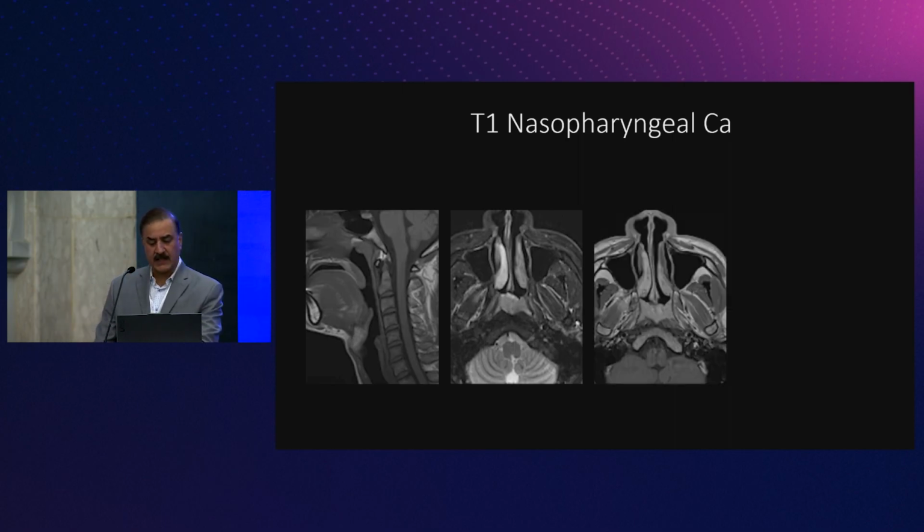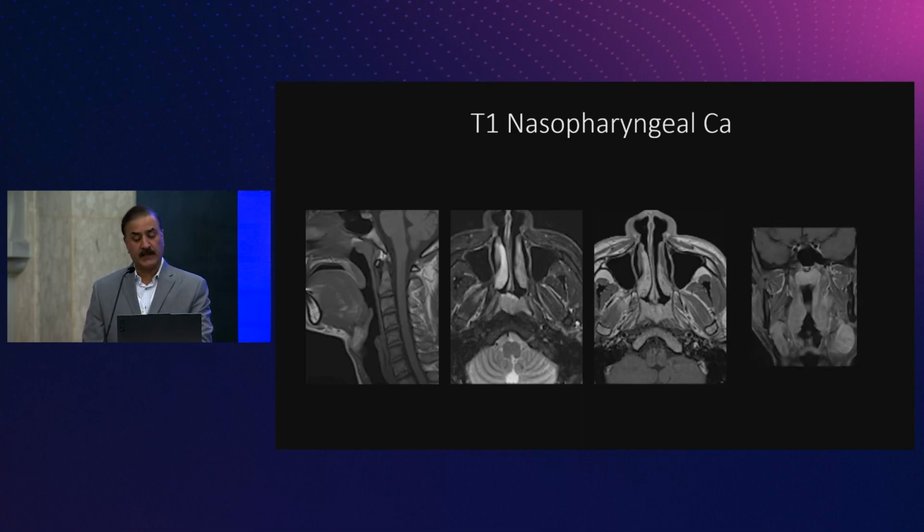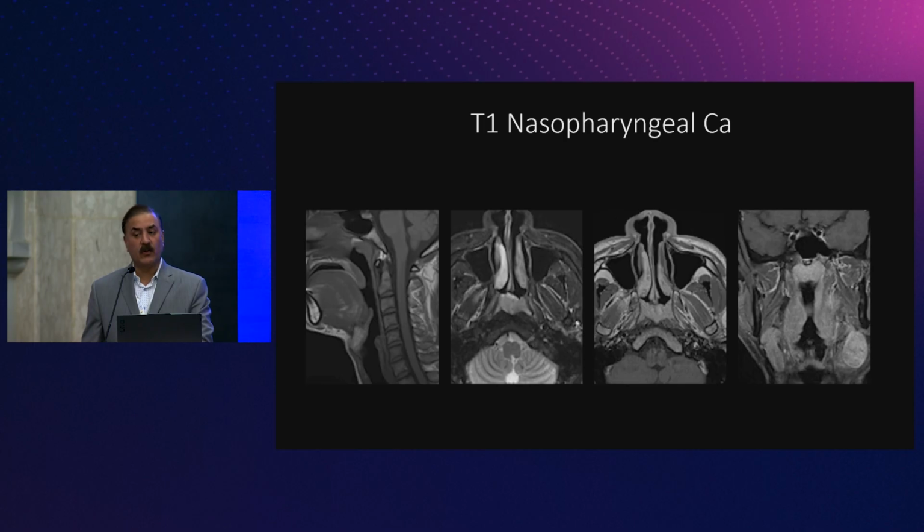Now in this case, I showed you earlier the example of normal or enlarged adenoids that can happen in the nasopharynx. No one will tell you if you read this as normal adenoidal tissue, but fortunately this patient had a node lower down in the neck, and of course this was biopsied. This turned out to be squamous cell carcinoma with EBV.